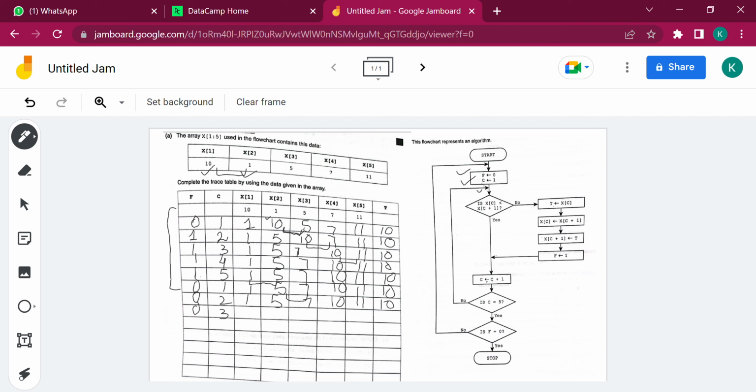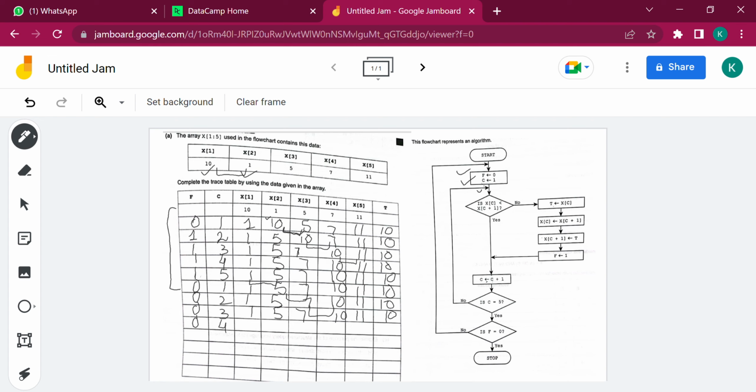Again we are comparing the next two values, x of c and x of c plus 1, which are 7 and 10 now. 7 is less than 10. Yes, we are just incrementing the counter. The flag is still 0.